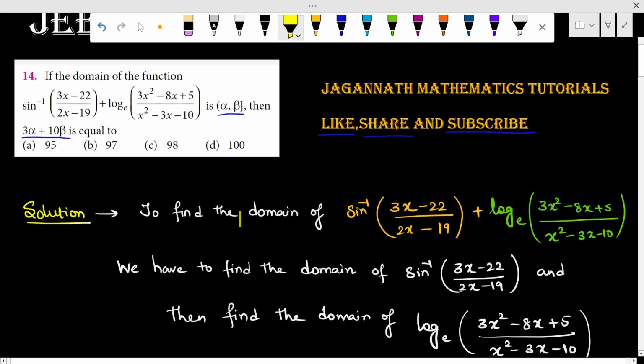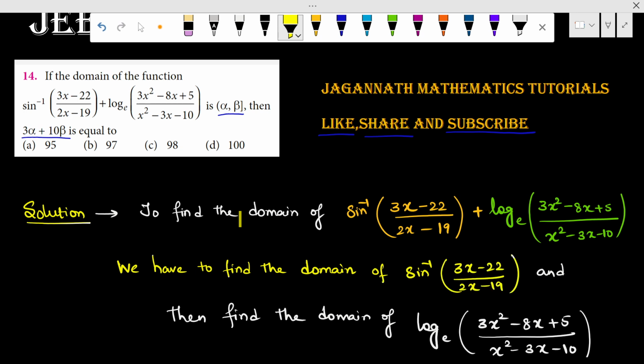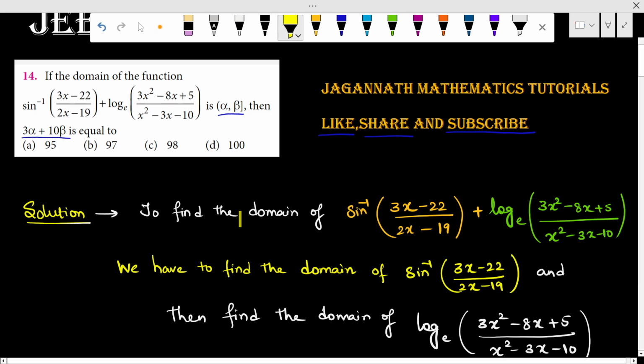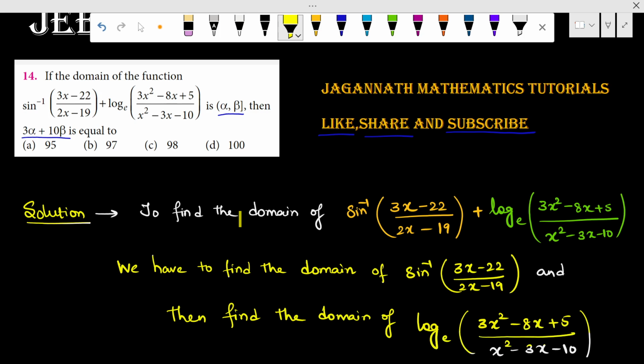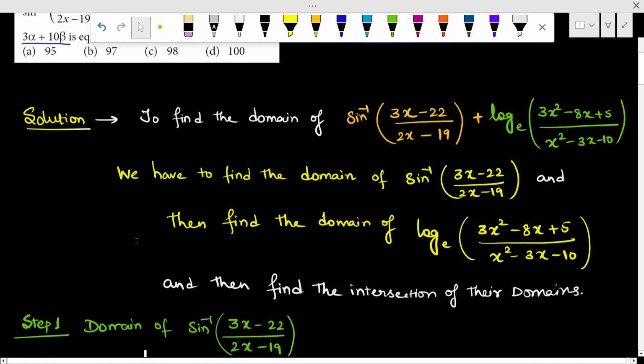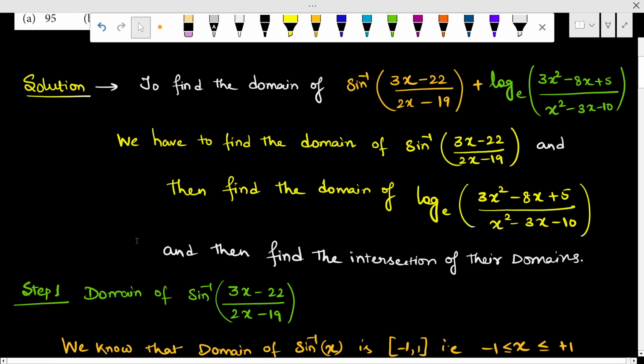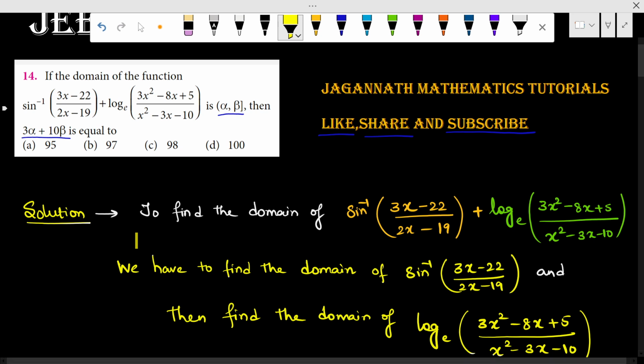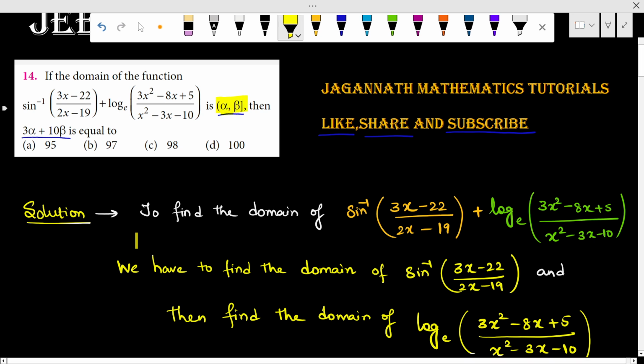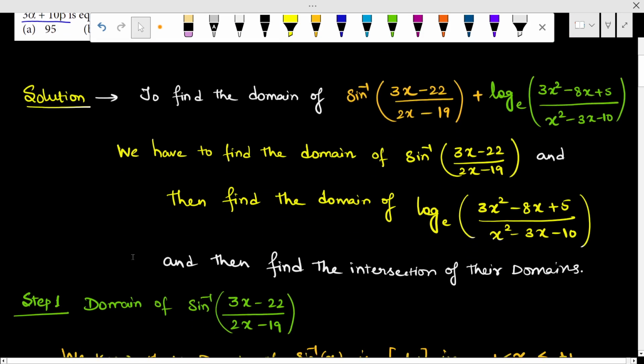First individually we find the domain of sine inverse of (3x minus 22) by (2x minus 19), and in the second step we find the domain of log of (3x square minus 8x plus 5) by (x square minus 3x minus 10), and then we will find the intersection of their domains. That will be the interval alpha beta, right? Then from there we can find the value of alpha and beta, and then we can solve it.